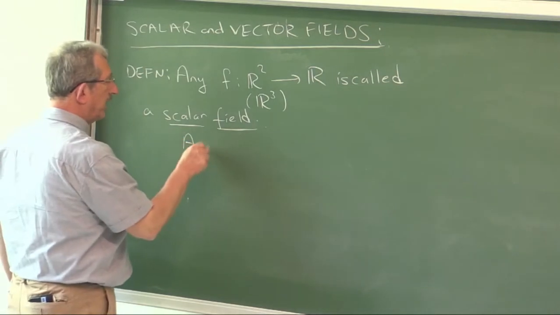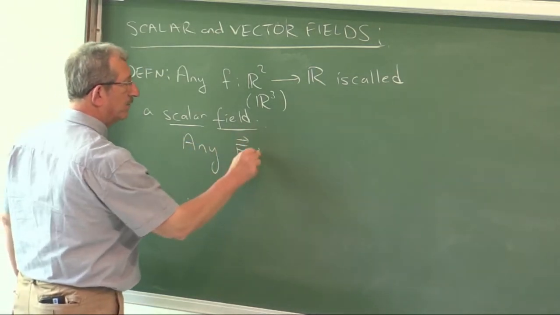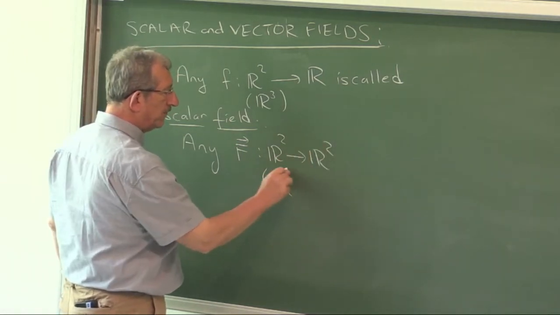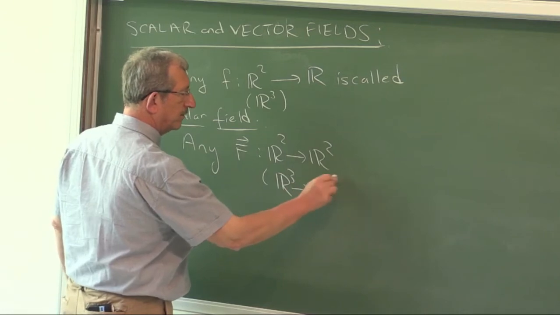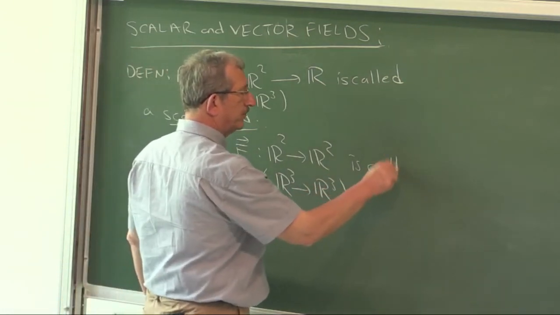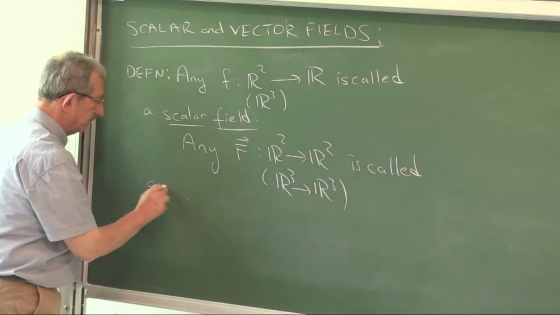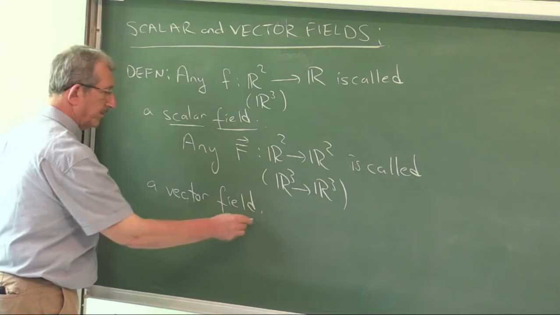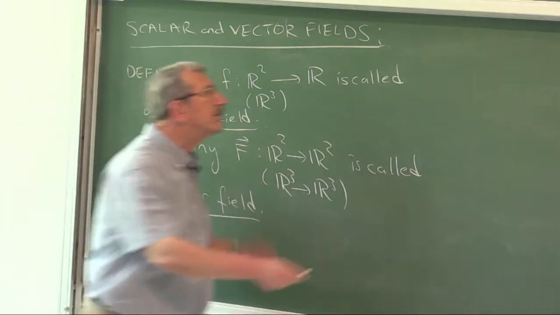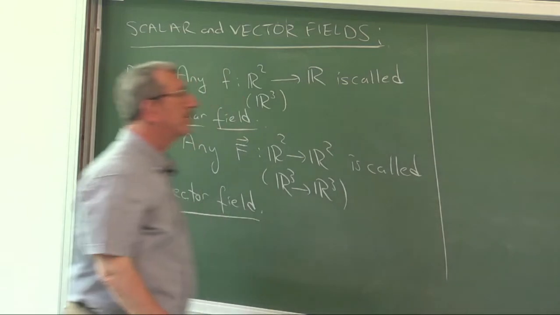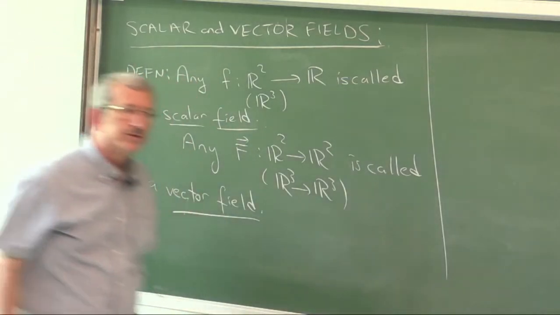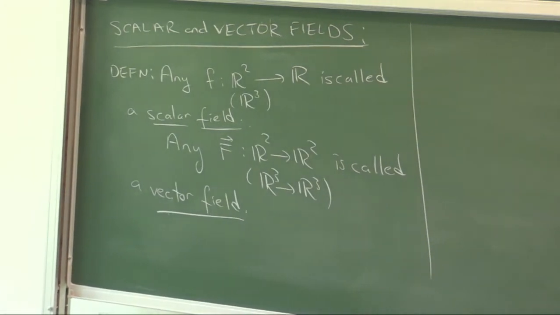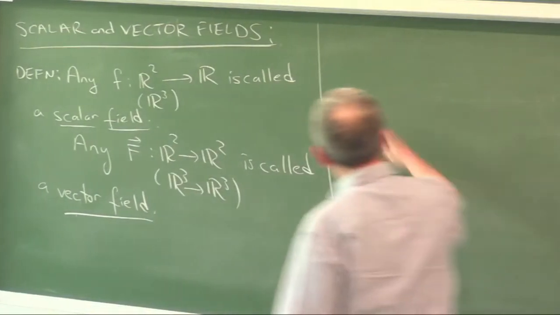And any function from R2 into R2, respectively R3 into R3, is called a vector field. These are just physical terminology. Mathematically, they're all functions as we know them. Some physical examples.